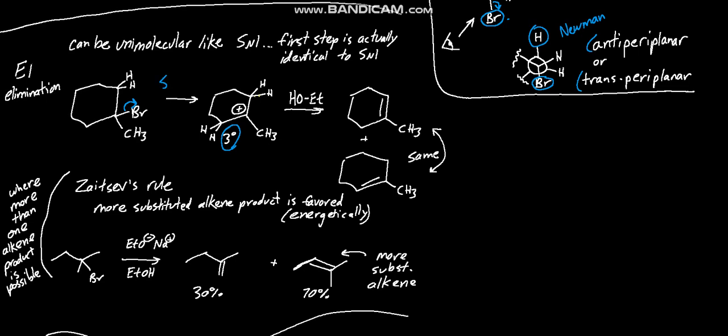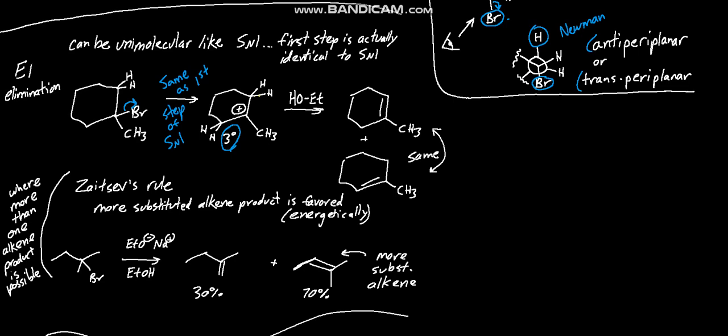So this is really the same as the first step of SN1 reactions. So SN1 and E1 reactions have the exact same first step, leading to stable tertiary carbocations, sometimes secondary.